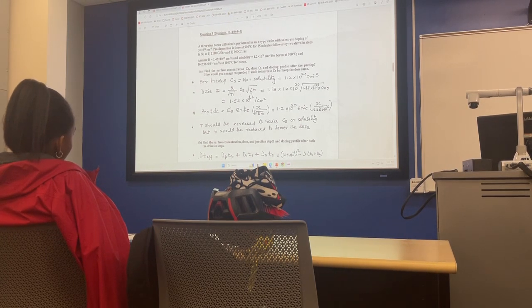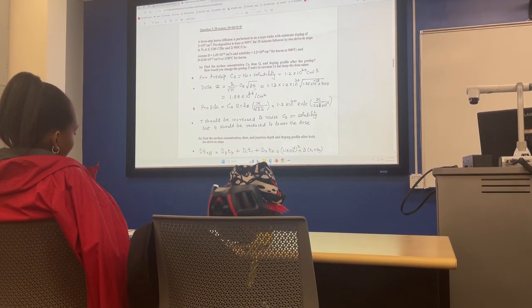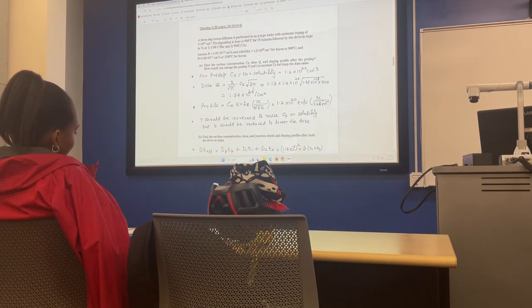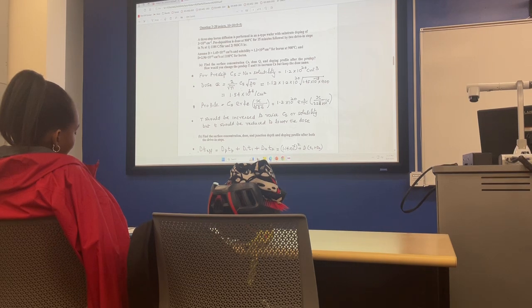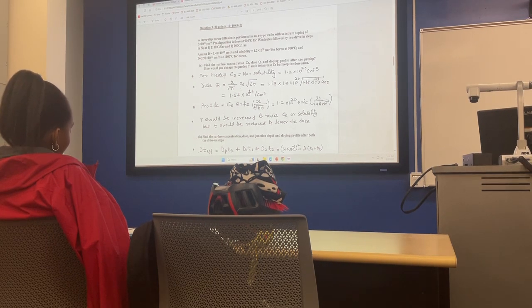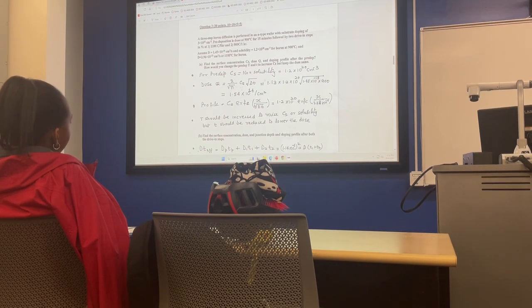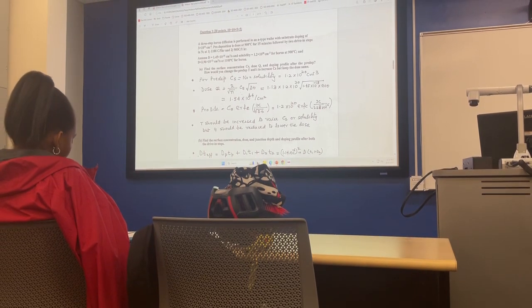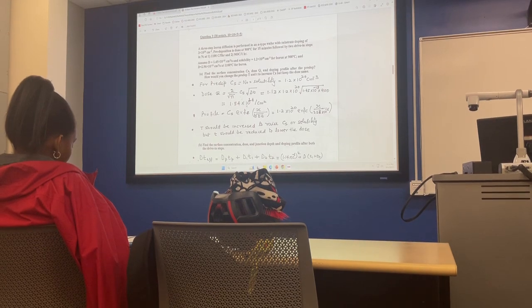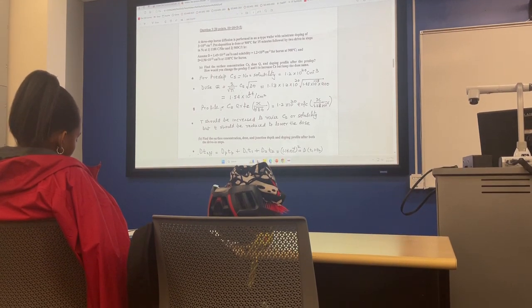So D is given to you, t is known, right? Time of pre-dep, and D comes from the temperature. I already gave you the D values for temperature. And you put in the time, CS is simply this, and most of you got this all right, the dose. This is the dose. Now the third is the profile.